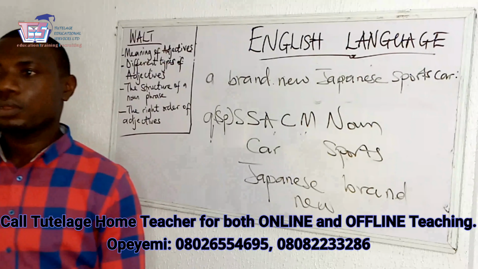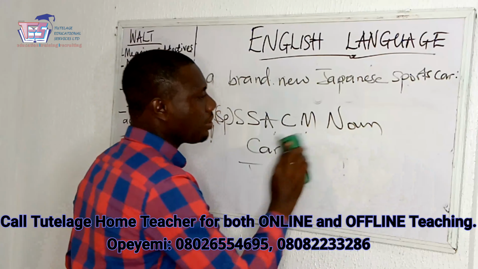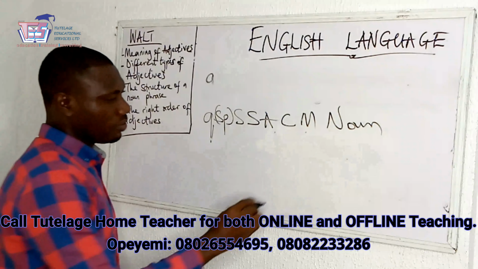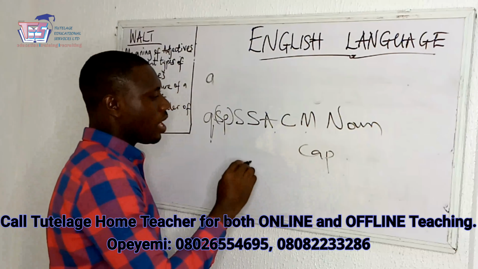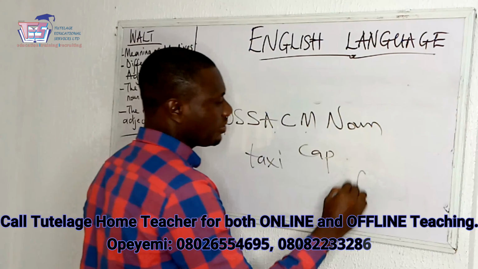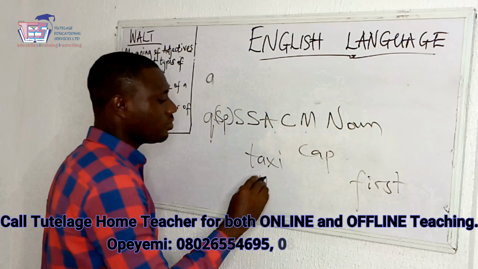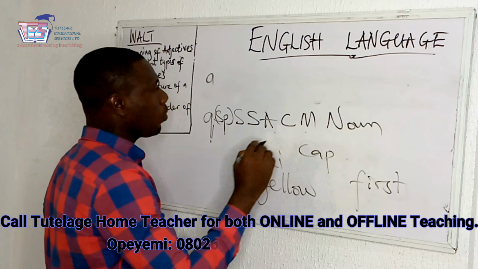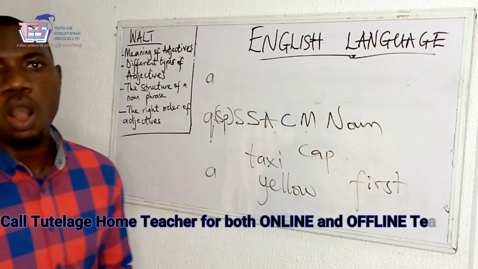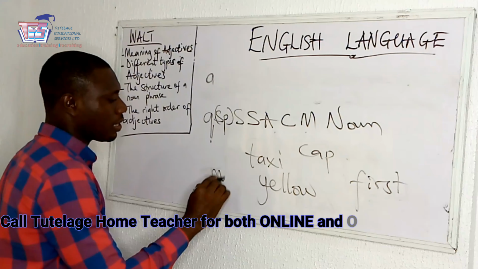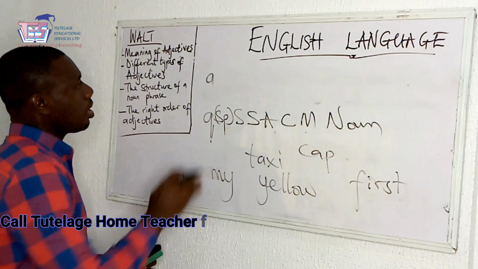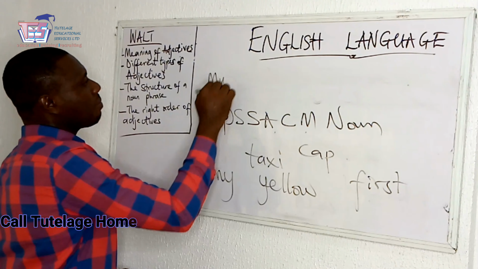So lastly, let's look at this again. We have cab, taxi, first, yellow, and the article a. Or let me just use the word my as a determiner. So I can have my determiner first.